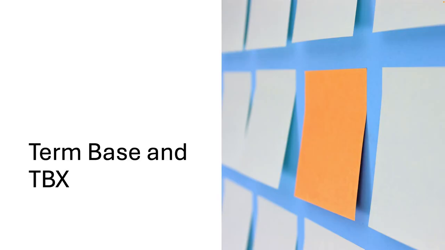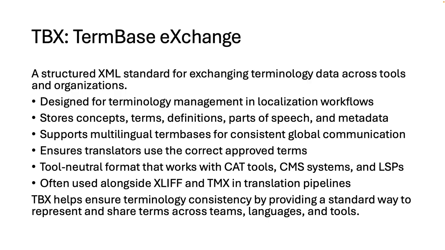We also have terms. Terms are important to get right, and to use that we use TBX, TermBase eXchange. TBX is a structured XML standard for exchanging terminology across tools and organizations. It was designed for terminology management and localization workflows. It stores concepts, terms, definitions, parts of speech, and metadata. It supports multilingual term bases for consistent global communication.